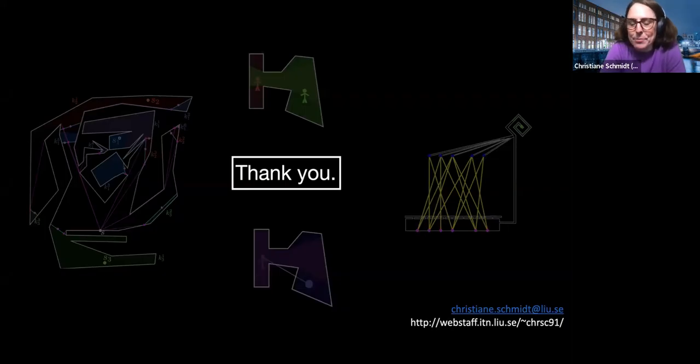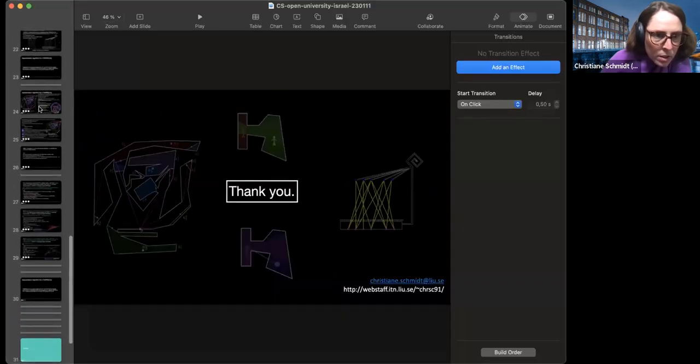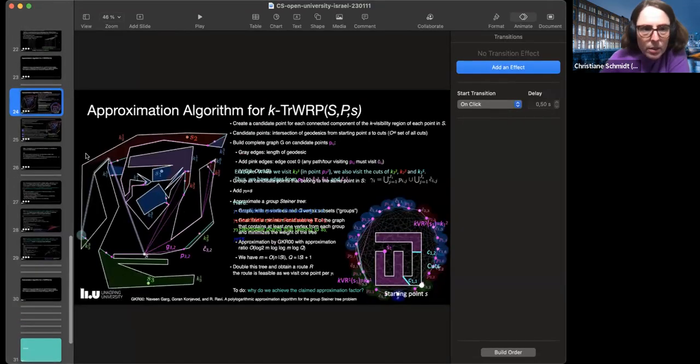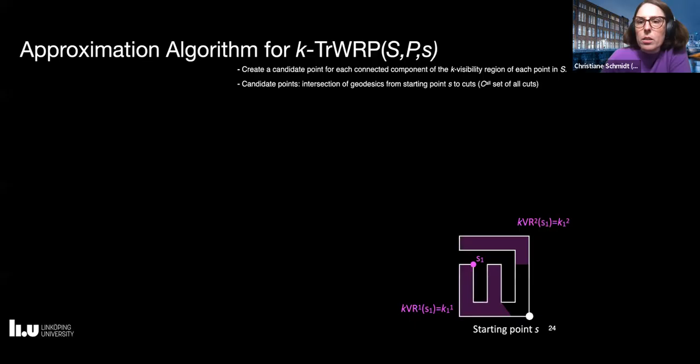Question. Maybe I missed something, but you said that you are using Steiner tree, and if I'm not mistaken, solving a Steiner tree is NP hard. So no, well, yeah. What we're using is a group Steiner tree, and it's an approximation to a group Steiner tree. To solve that, do you need to use linear programming, or is it done in a different way?